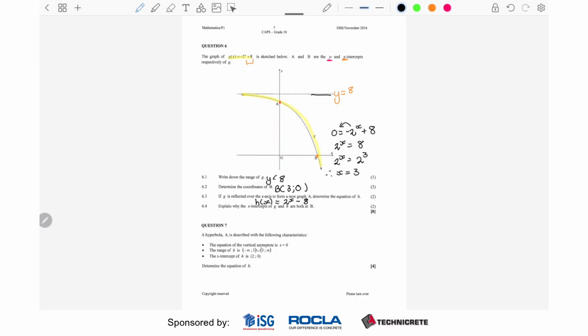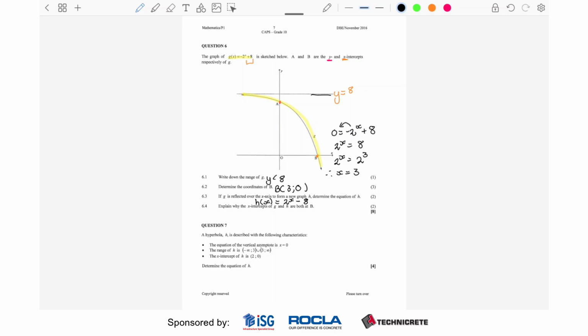Now, 6.4 it says to explain why the x-intercepts of g and h are both at B. So they want to know why the x-intercepts of g and h are both over B. So that means the graph of g was reflected over the x-axis to form h.